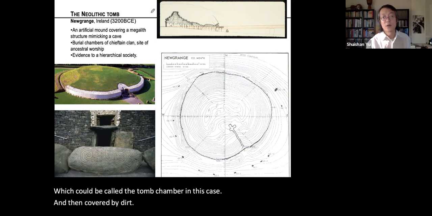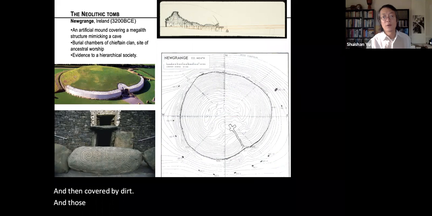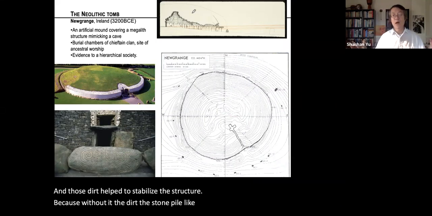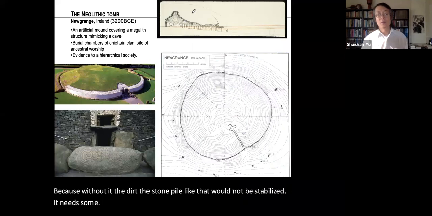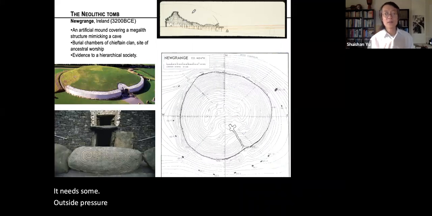And that dirt helped to stabilize the structure, because without it the stone pile would not be stabilized. It needs some outside pressure to push them together. So that's the core.